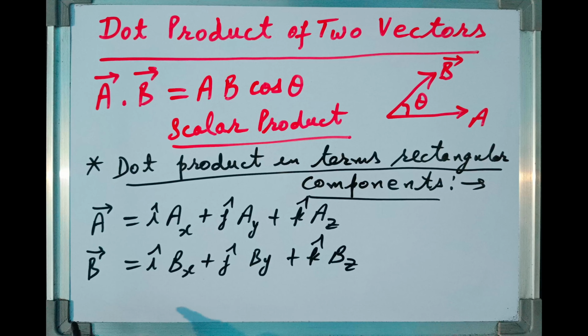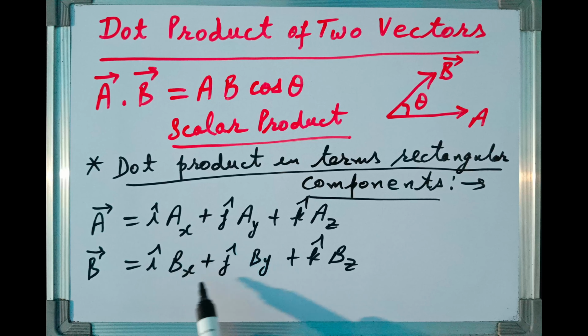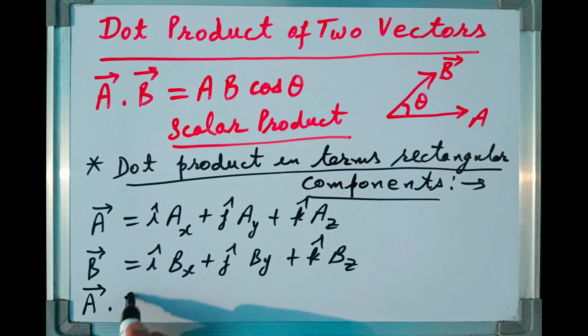Our question is, what will be the answer for A vector dot B vector in terms of these components ax, bx, ay, by, etc. For this purpose, let us start multiplying the two vectors through dot.